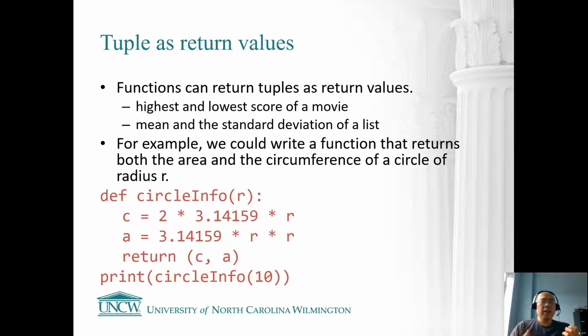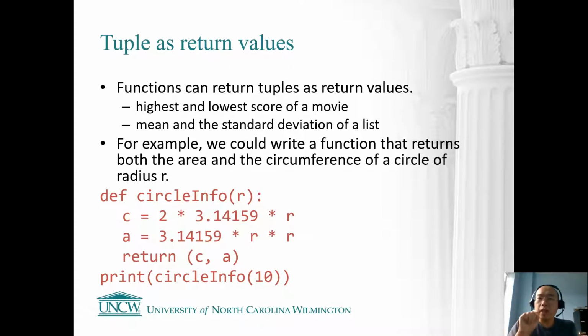Probably you don't see that very often, but when you go to higher level Python programming, you will see some functions returning multiple items. For example, like this, return parentheses C and A. So it is still one return.